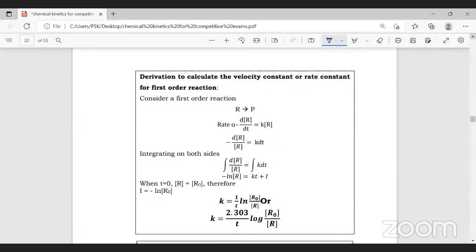Now, this is a lengthier derivation. It looks very simple here, but it's a lengthier one.